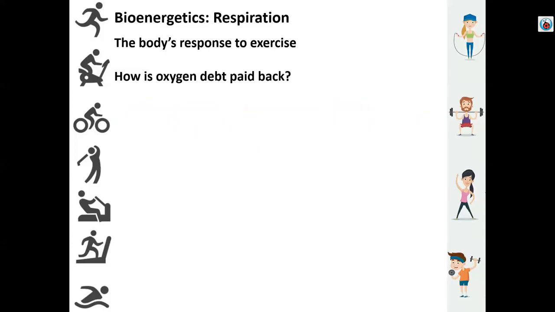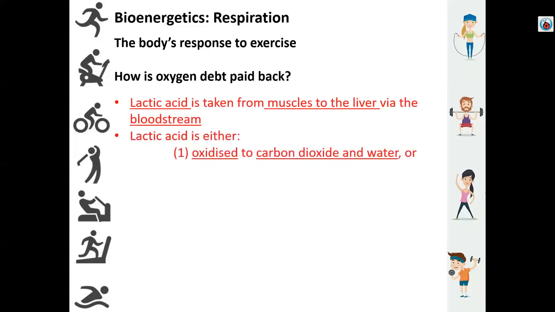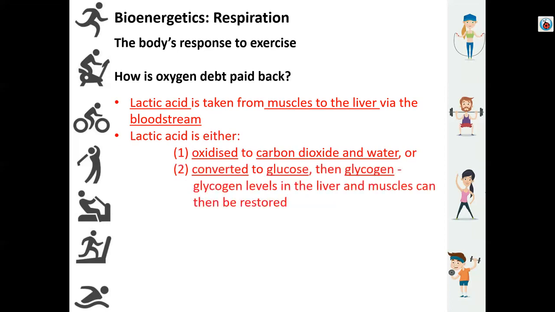Well, the first thing that happens is the lactic acid is taken from the muscle cells to the liver via the bloodstream. In the liver, the lactic acid is either oxidised, so reacted with oxygen to form carbon dioxide and water, or it's converted to glucose and then stored as glycogen. So that causes the levels of glycogen in the liver and the muscles to increase back to their normal level.